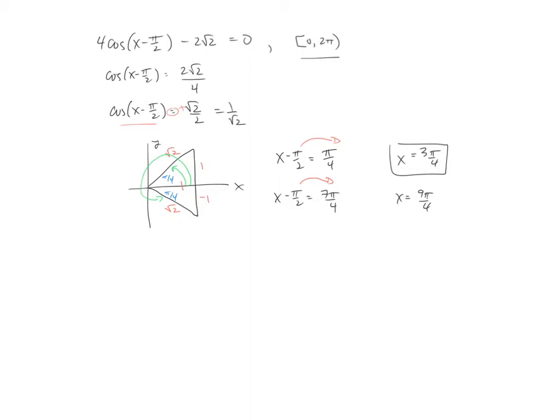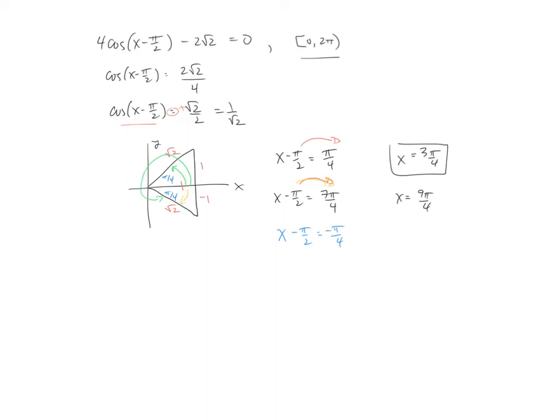Well, what we could have done is we could have come back to the original and said, instead of using 7 pi over 4, understanding that I'm going to need to add pi over 2 over, I could have just said, all right, I'm going to choose x minus pi over 2 equals negative pi over 4. Again, notice that this big green angle here and this yellow angle here represent the same thing.